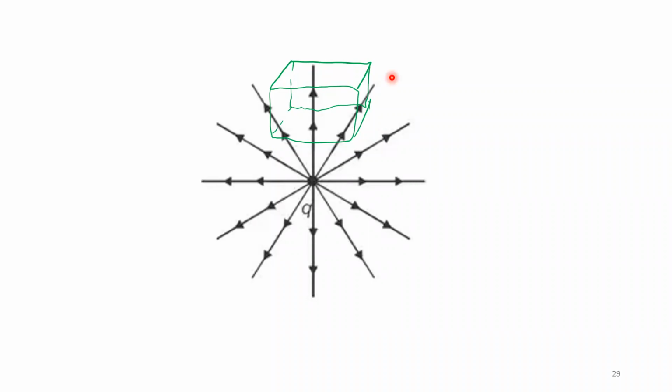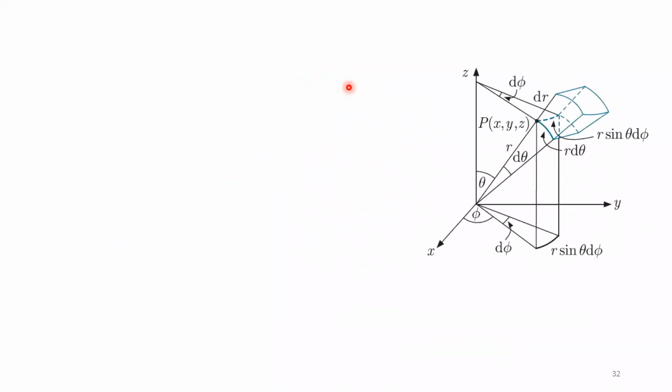But of course, there's even a slightly easier way to think about it, because clearly we are using spherical coordinates. So when we consider the shape of the box, the most convenient choice won't be this regular cubic box. It's easier to actually consider a box like this.